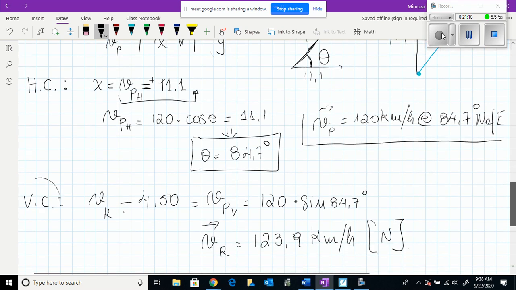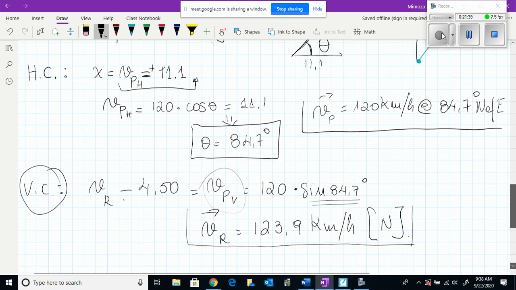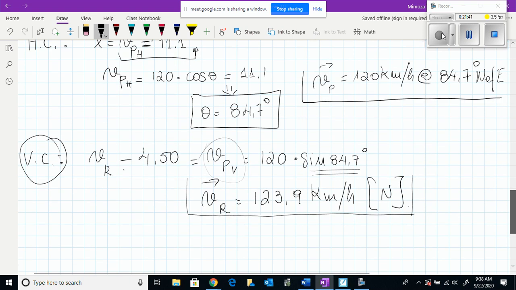From the vertical component, the resultant velocity minus 4.5 is equal to the vertical component of the velocity of the plane. Since we know the direction of the velocity of the plane, we can say that the resultant velocity will be 123.9 or 124, I'm okay with that, kilometers per hour due north.